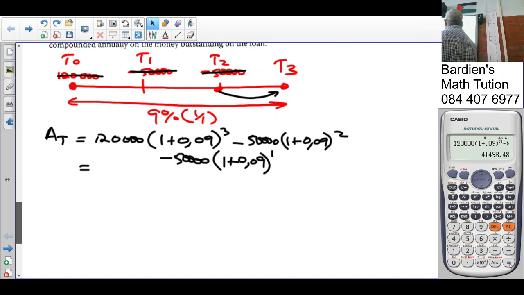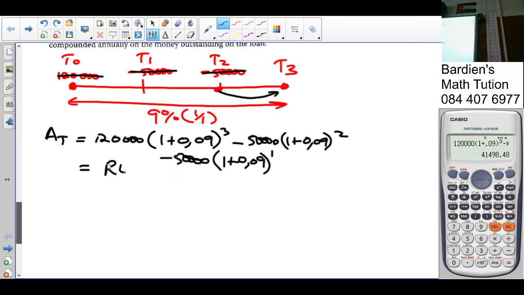That gives me 41,498 rand and 48 cents. Much neater, isn't it? Much neater.